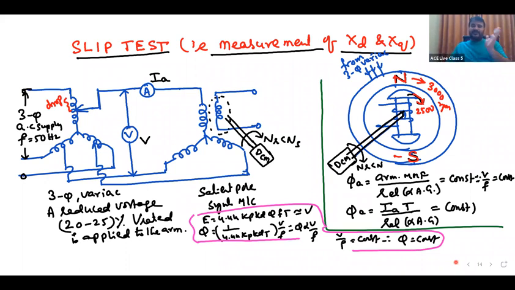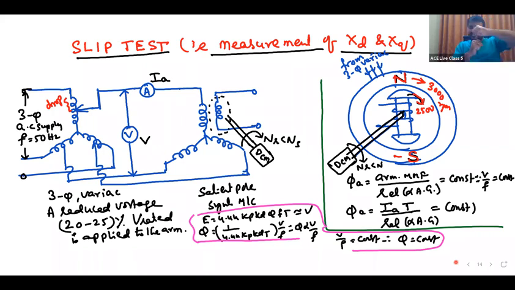The ammeter reading is first minimum at the direct axis, with voltage maximum. As the air gap increases, they change to maximum, then minimum, maximum again. The voltmeter and ammeter readings will keep changing. Look, at 0 degrees, the direct axis, it is minimum. And after some time, what happened?